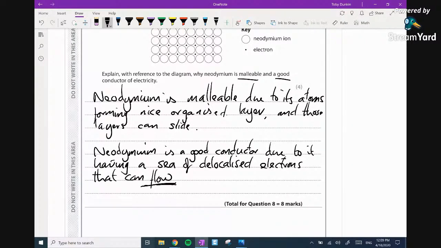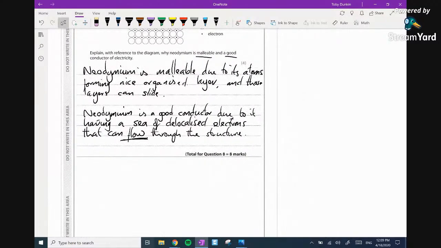Underline, that's the key word, flow through the structure. I like it. Done. 4 marks. Next.